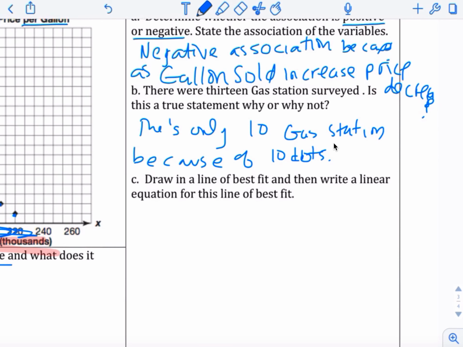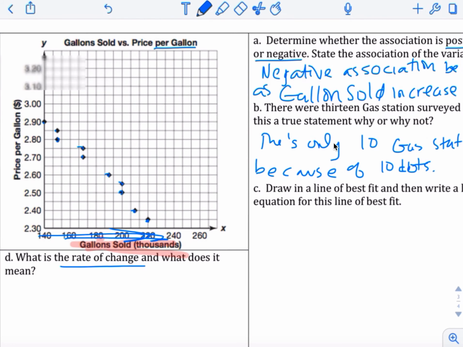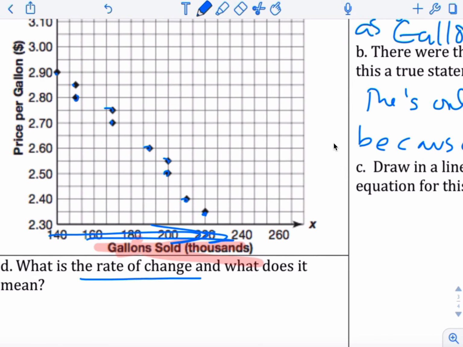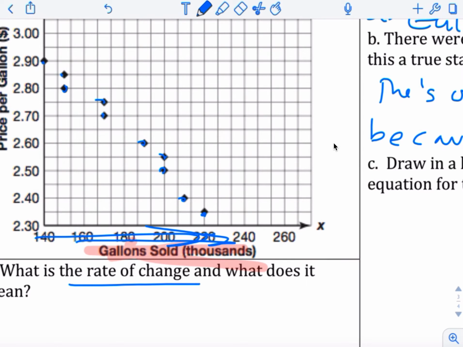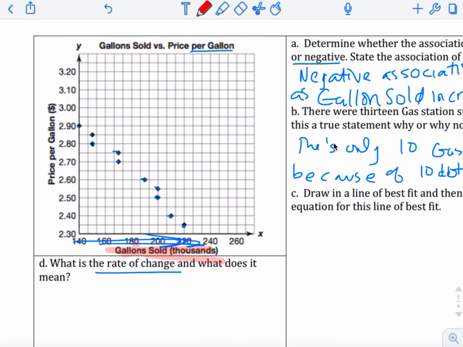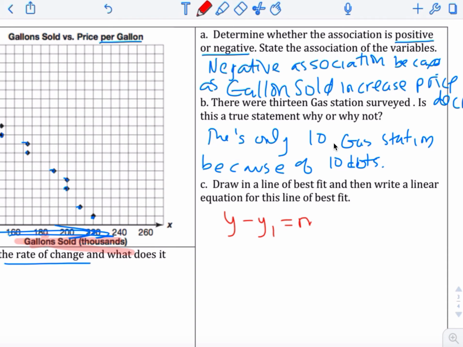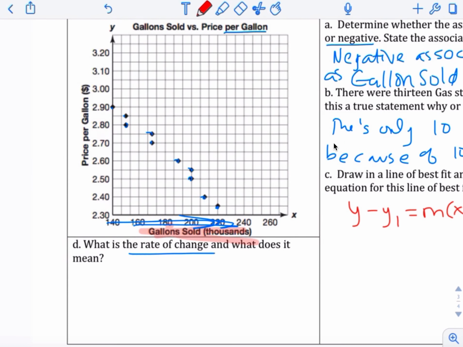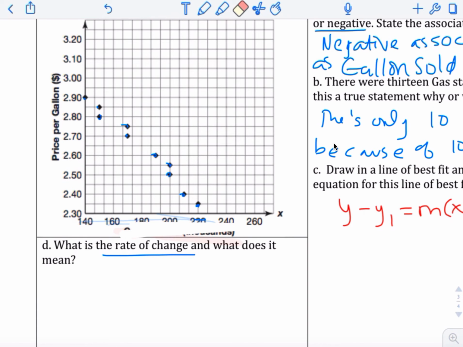Draw a line of best fit and write a linear equation. Now that's yours. You cannot use 0 here. You have to use y minus y sub 1 equals m parentheses x minus x sub 1. This is how I know if you're going to watch the video or not. I'm going to check for this question because it's very important.